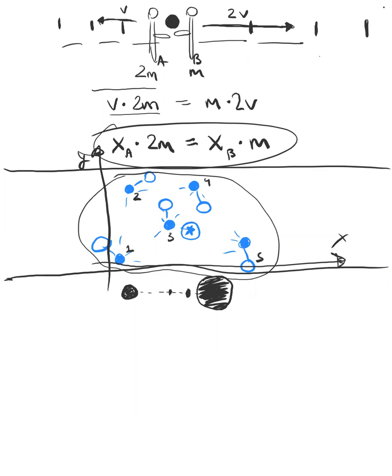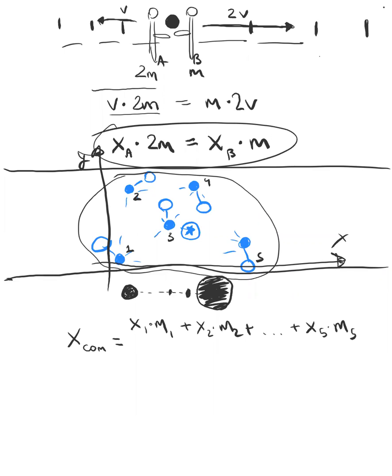You have to take the x and y coordinates of all points, and then the x coordinate of the center of mass is x1 times m1 plus x2 times m2 plus, and so on, x5 times m5.